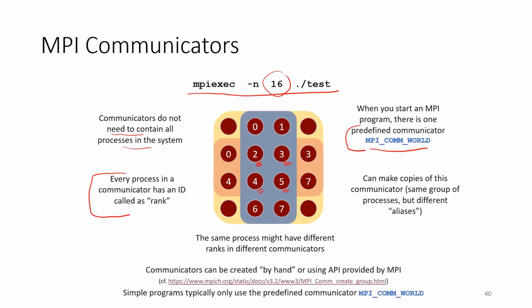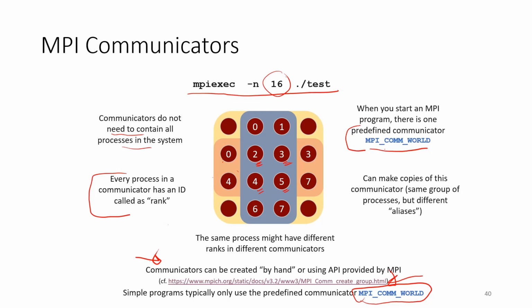The communicators can be created by hand or using the API provided by MPI. You can check the code here. Simple programs typically only use the predefined communicator MPI_COMM_WORLD, as I told you, so you don't need to worry too much about communicators.